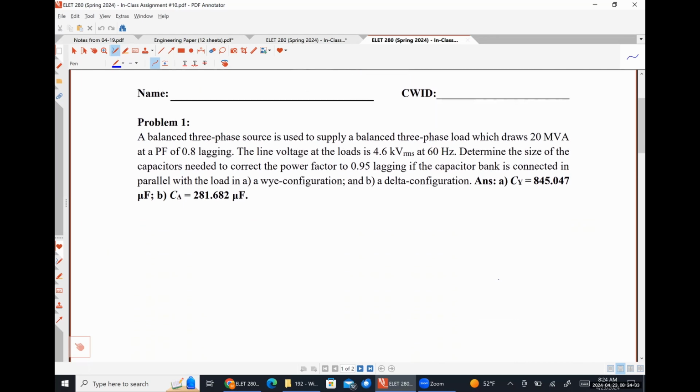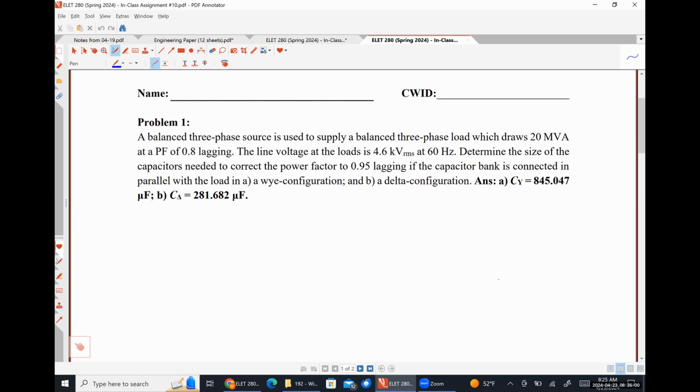So in this first problem, we have a balanced three-phase source supplying a balanced three-phase load. Notice nowhere do I tell you if anything is connected in Y or delta. Our load is drawing a power factor of 0.8 lagging. The line voltage at the load is 4.6 kilovolts RMS at 60 hertz.